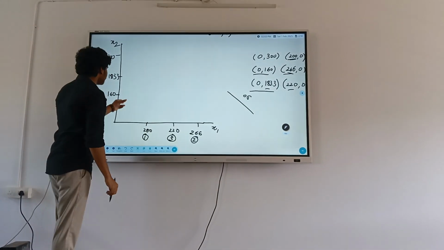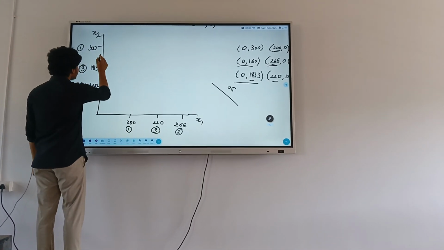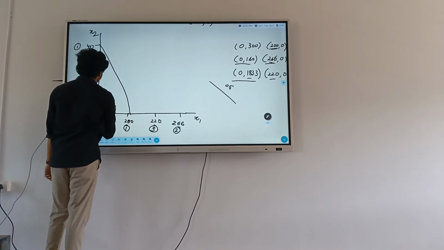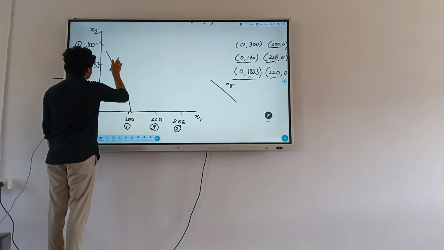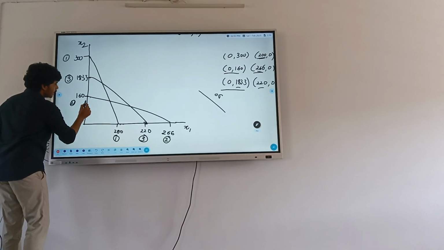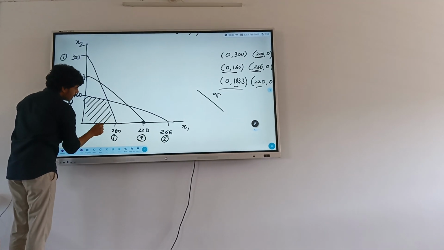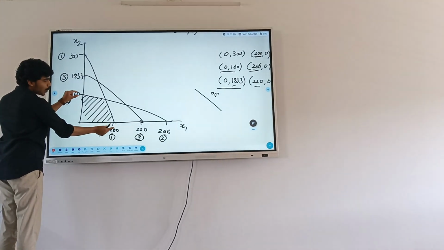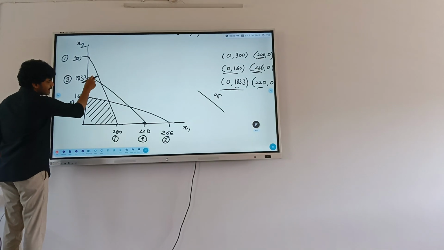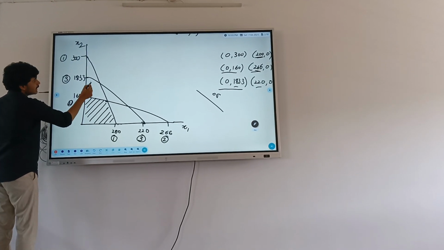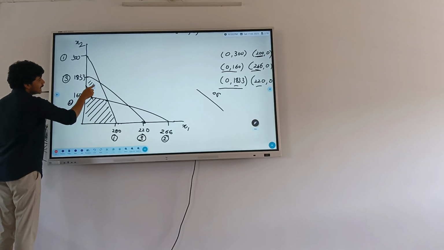So let us combine the lines. This is the region which gives the optimal points, because they intersect every line. If we take these other values, they will be neglected.